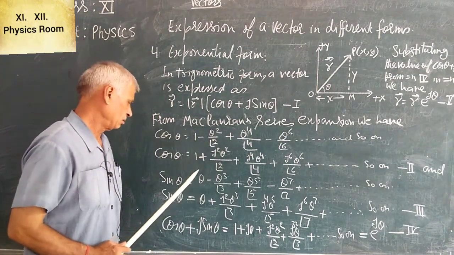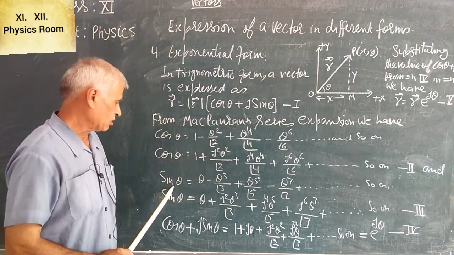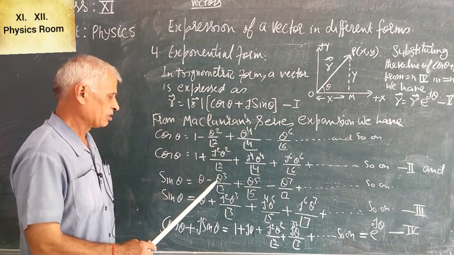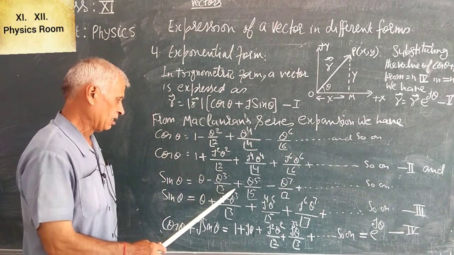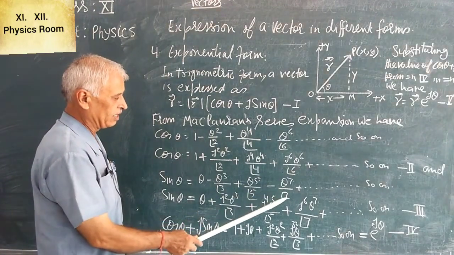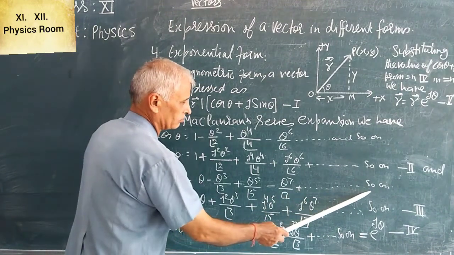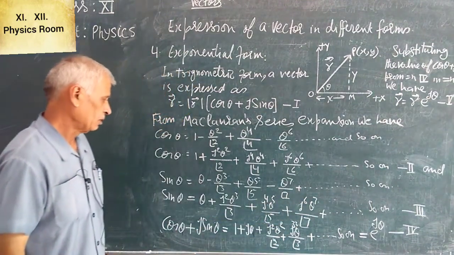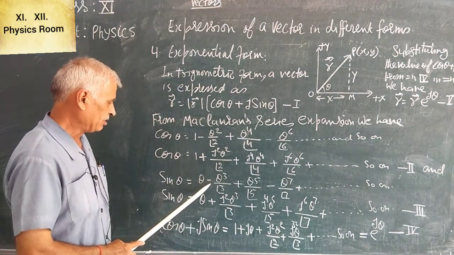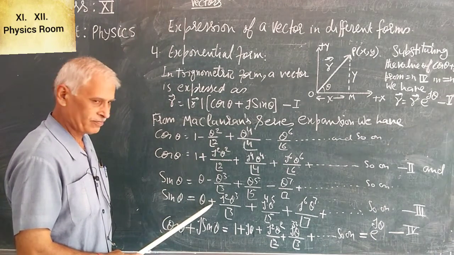Similarly, we have the expansion of sin theta. The sin theta is equal to theta minus theta cube by 3 factorial plus theta 5 by 5 factorial minus theta 7 by 7 factorial plus so on. Now replacing the minus sign by j square, it becomes plus.